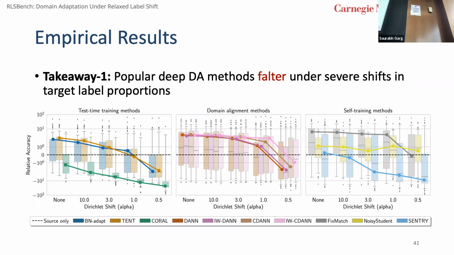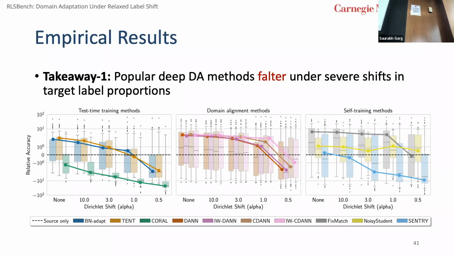So should you expect it to be worse on your target data? So the thing is, we have centered with respect to target performance. Basically this 0, you should imagine as the performance of a source only model on that target. Thanks for that question, I should probably clarify that. So here, 0 is the performance of the source only model on target.